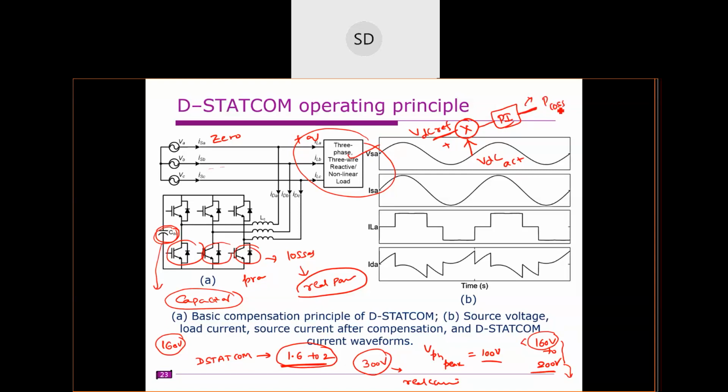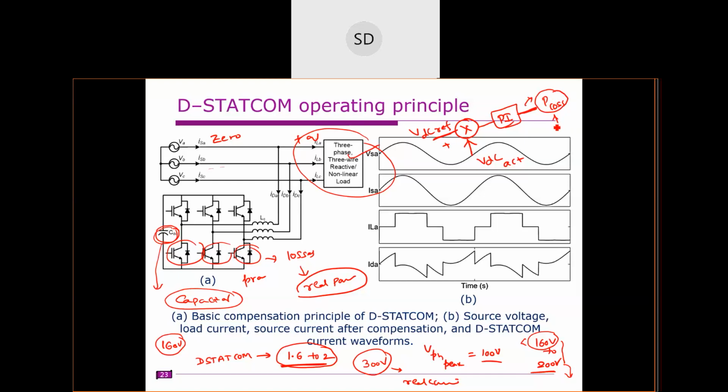That means it is usually the losses that occur in the switching devices to maintain VDC reference at 160. When you are maintaining this VDC at 160, this amount of losses occurs. Clear? This is what we need to maintain the DC capacitor constant.